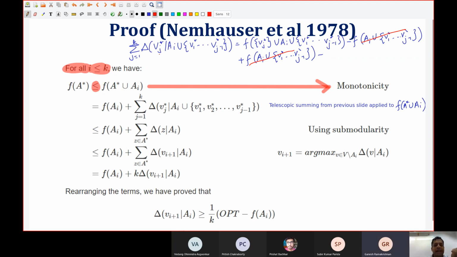By the time I've added all the k, sorry, what did I do? I shouldn't have used k. I should have used k here, right? j should have been just k.